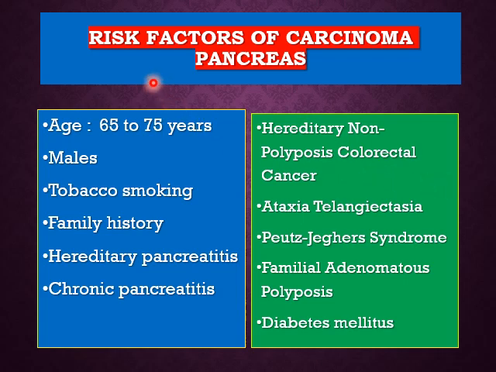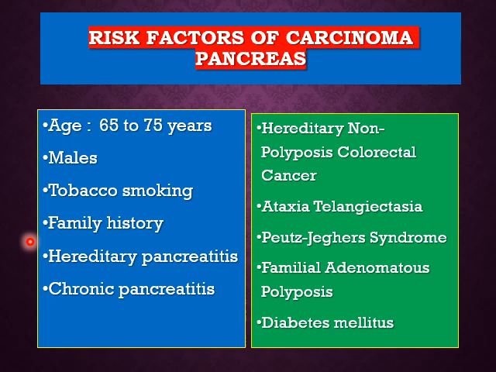What are the risk factors for carcinoma of the pancreas? Age is a very important factor, usually occurring in elderly people above 65 years of age. Males are more commonly affected. Cigarette or tobacco smoking is a predisposing factor. Family history, higher in such cases.